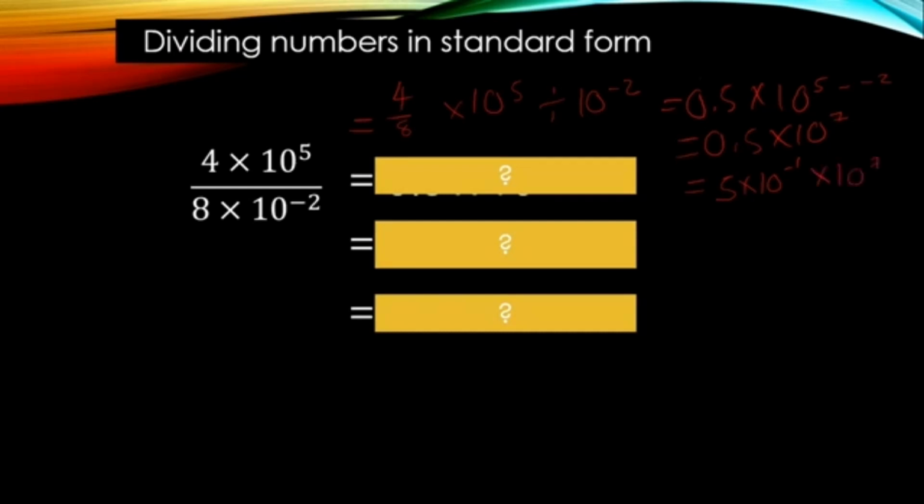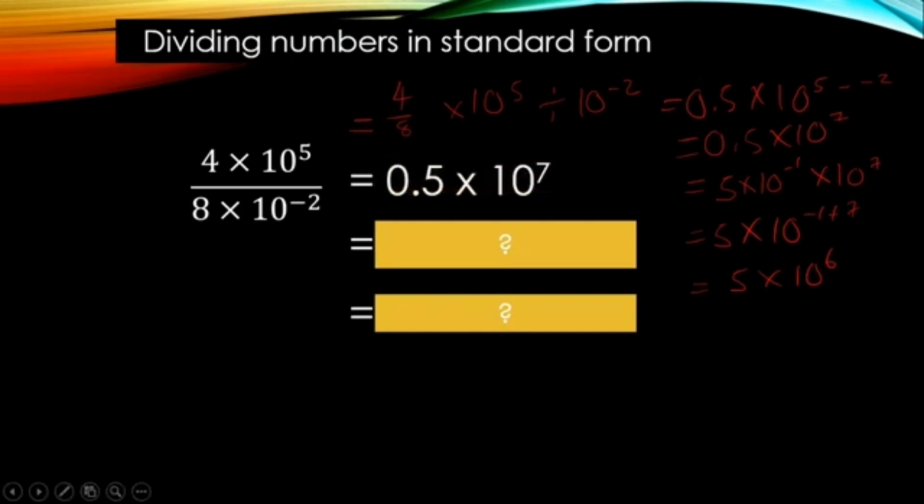Here, times 10 to the power 7. So 5 times 10 to the power minus 1 plus 7, which gives us 5 times 10 to the power 6.